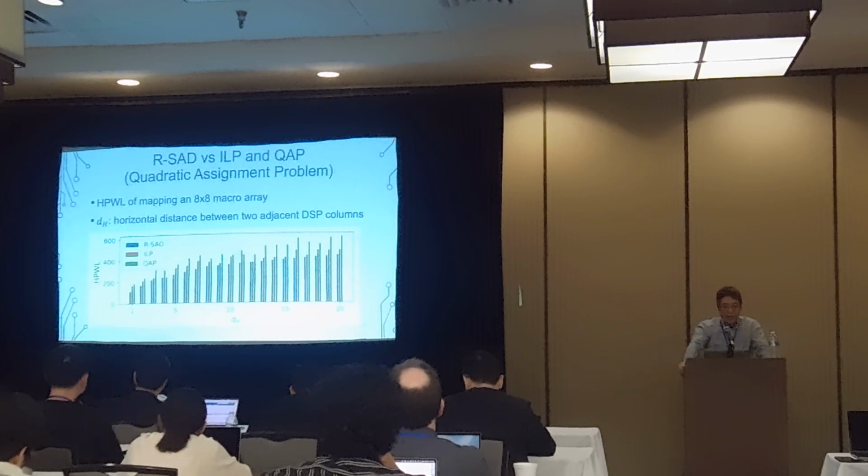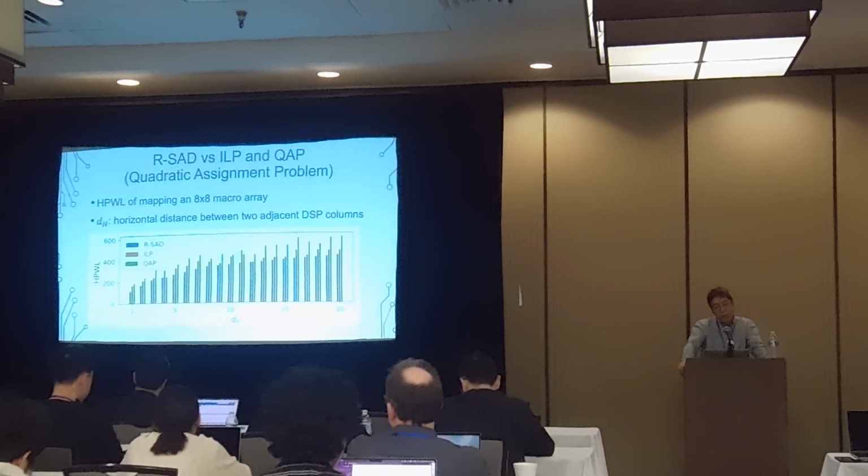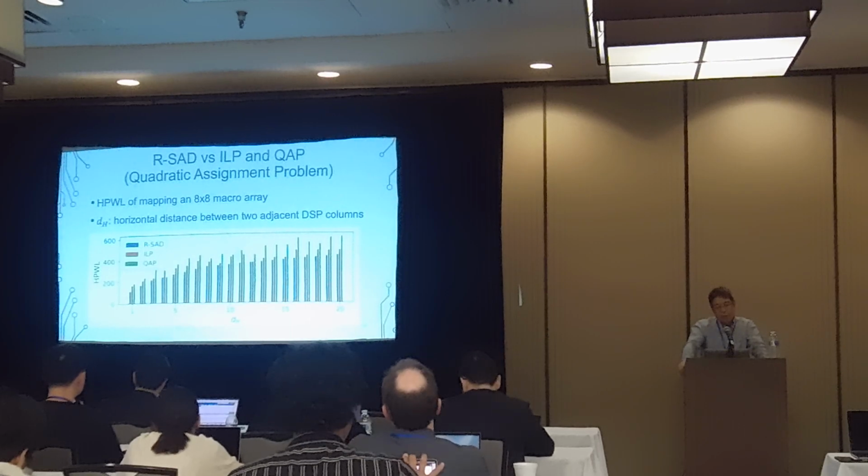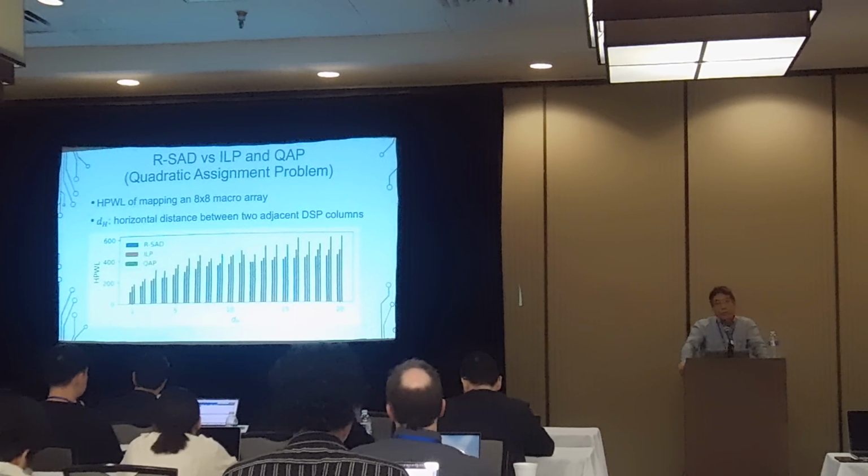We look at the wirelength, and normally we take the ILP result as golden, but our result, the blue one, often beats the ILP solver, and it is also much faster. To get this result, ILP sometimes may take hours, while we take seconds.